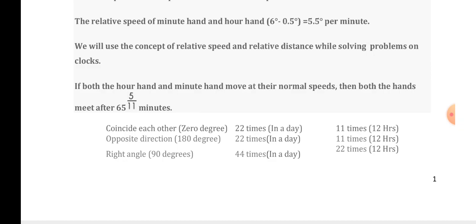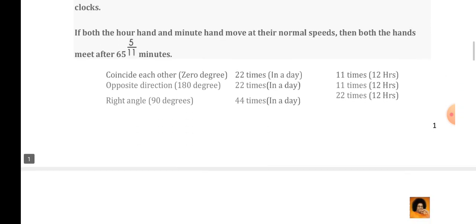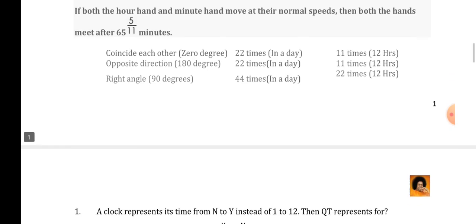Then both hands meet after 65 and 5 by 11 minutes. It is very important, and these three points are normally asked in all examinations, so we should know them.